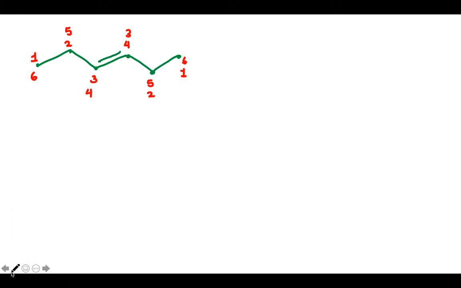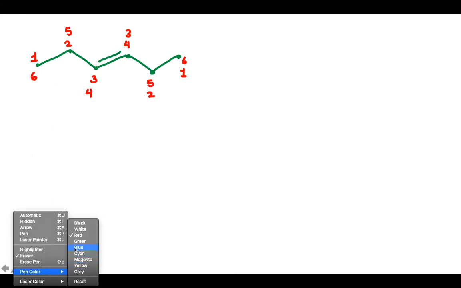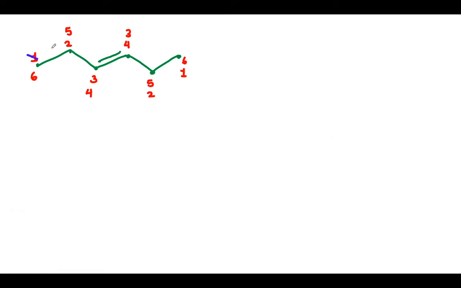So I'm just going to cross out one of the directions. Let's say I cross out the left to right. It doesn't matter, because I could keep whichever one. So 1, 2, 3, 4, 5, 6. I only have one set of numbers, so that way I'm not confusing anybody.